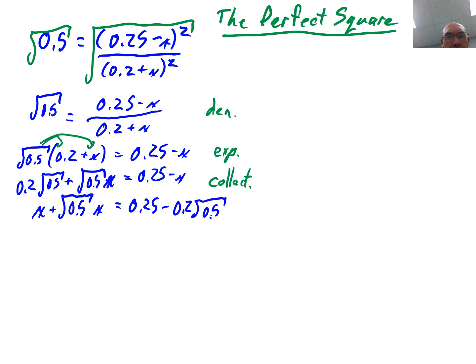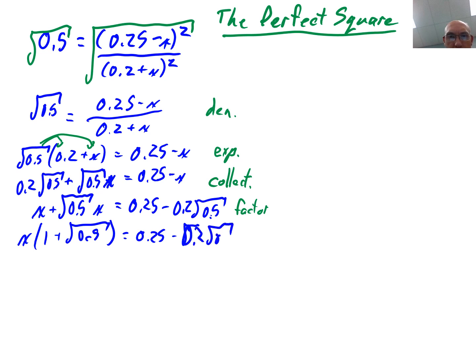We're now going to factor the left-hand side. We're going to remove the common factor x, and we get 1 plus the root of 0.5 equal to 0.25 minus 0.2 times the root of 0.5.